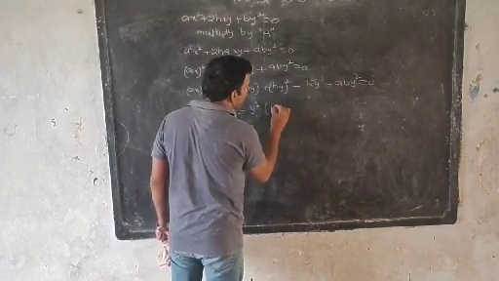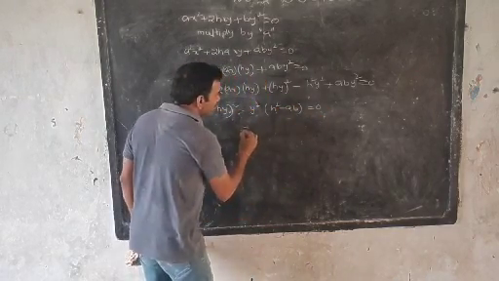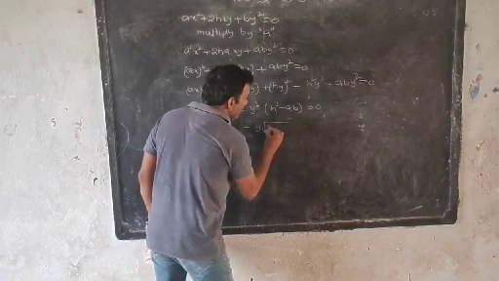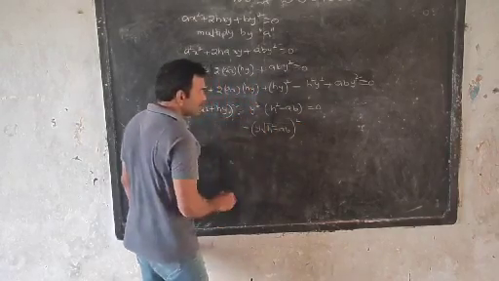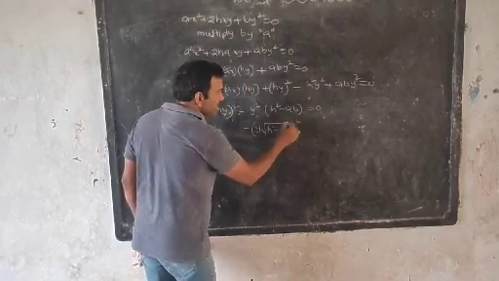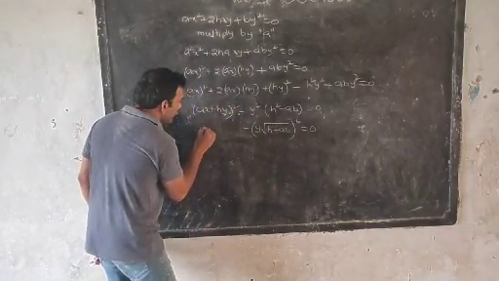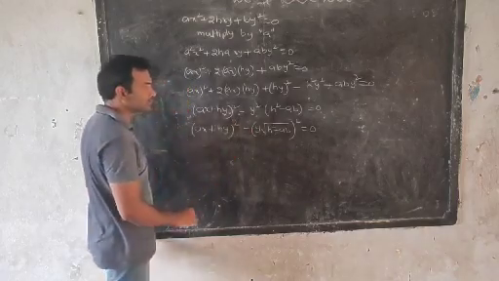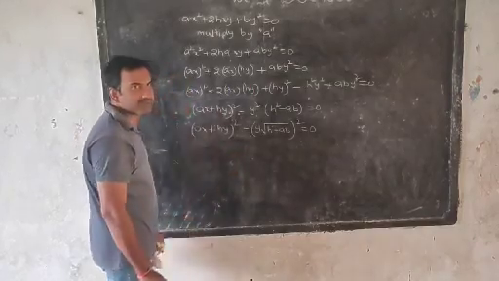Then I am getting h square minus ab equal to 0. In the next step, I am writing y into square root of h square minus ab, whole square. Y square, square root and square both will cancel. Here (ax plus hy) whole square. Now you can check, it is in the form of a square minus b square.